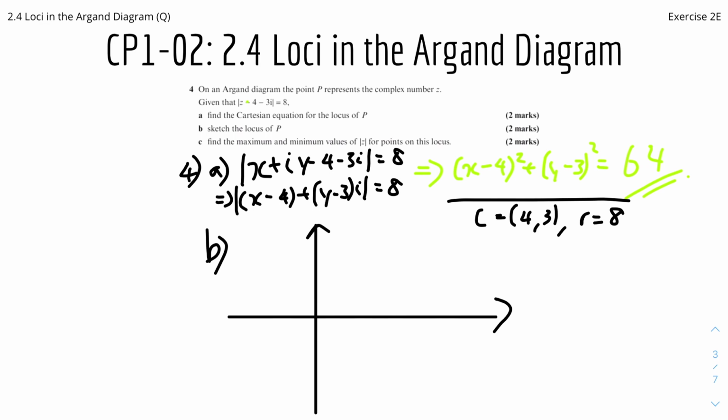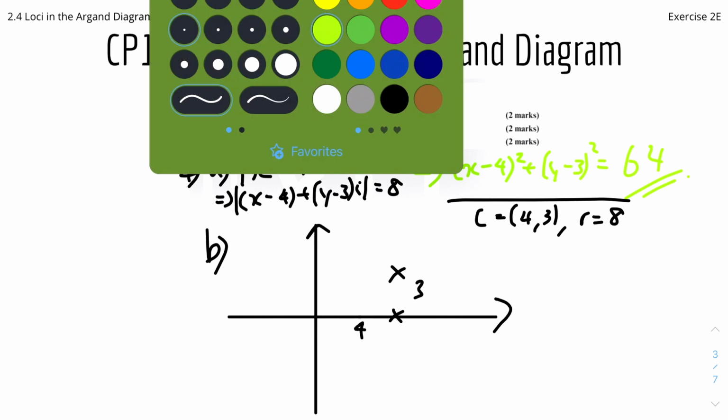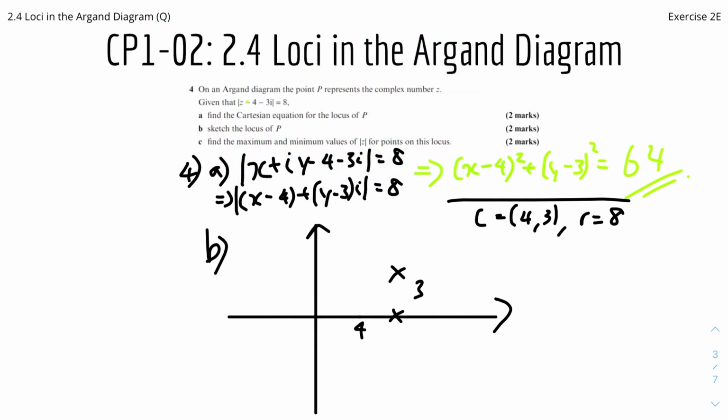Center at 4, let's say this is 4 and this is 3, so this will be the center, right? And the radius is 8, so it will be quite a large circle. And if I'm going to freehand draw it, it will look something like this, right? And just ignore the parts where it overlaps the numbers.